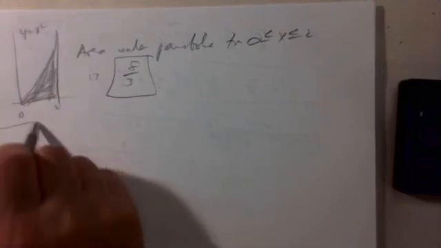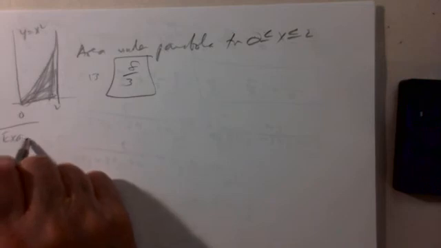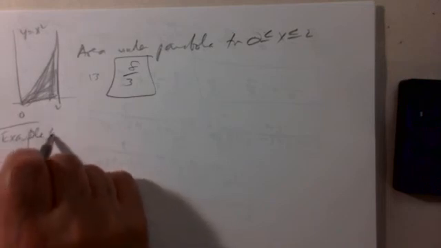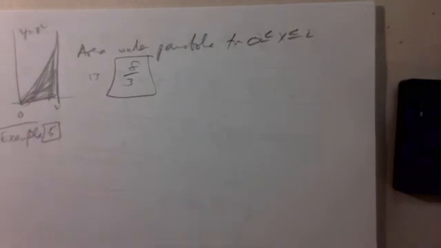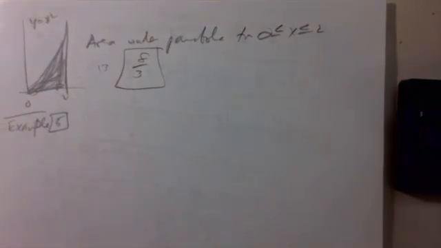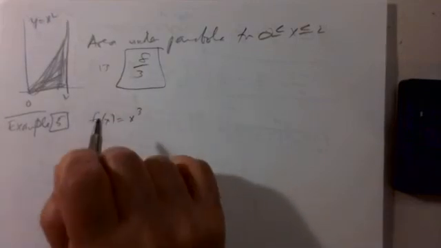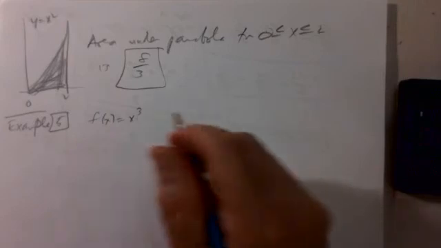Let's do another example. So this is in the book. This is example 5. We take the cubic curve f of x equals x cubed.